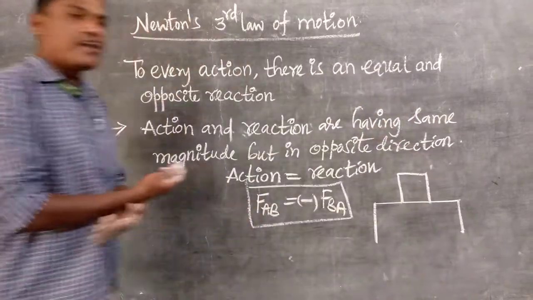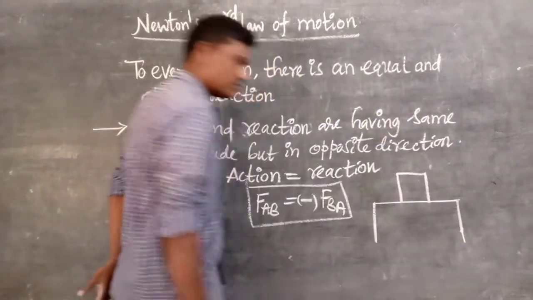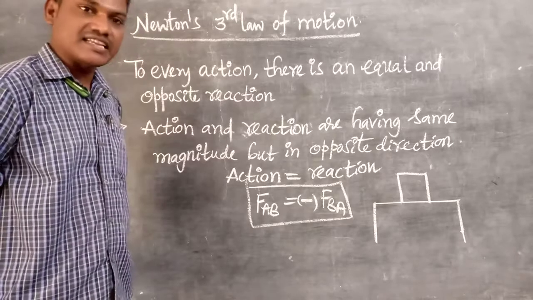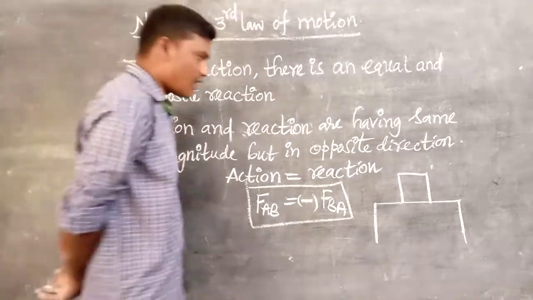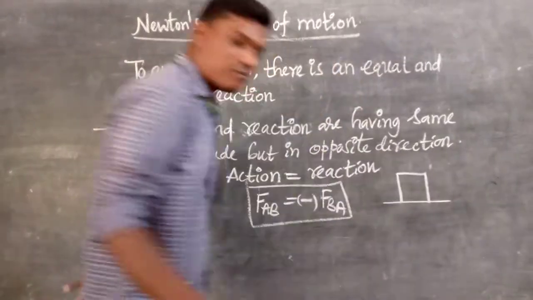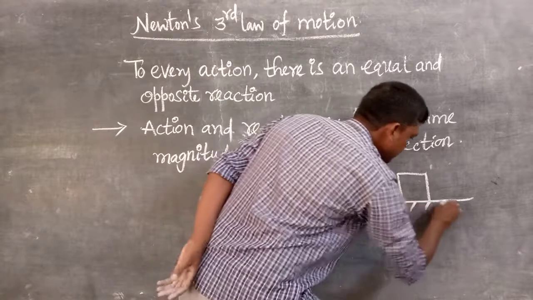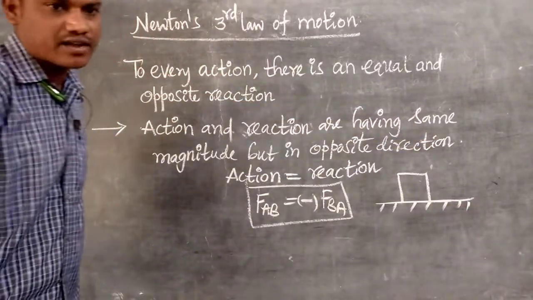For example, I will say here that a block is placed on the horizontal surface of the table. Here, how many bodies do we consider? Two bodies. A block is placed on the horizontal surface of the ground.